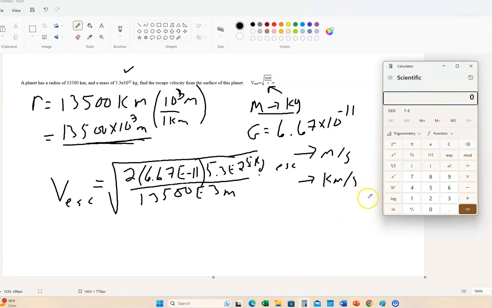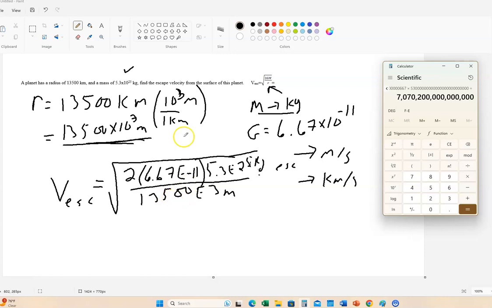Here's our calculator. I'm going to do what's underneath the radical first. So it's 2 times 6.67 times 10 to the minus 11th, times our mass, 5.3 times 10 to the 25th, and then divided by the radius.